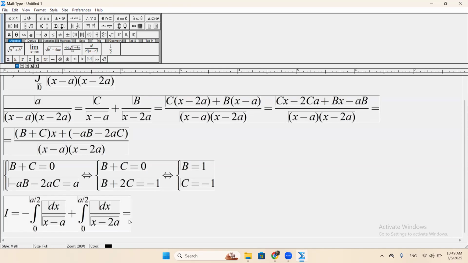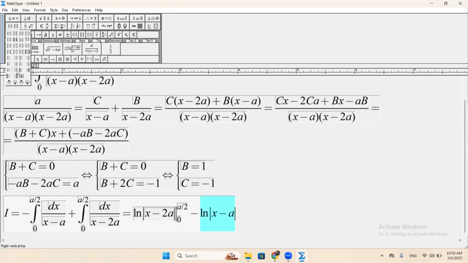So logarithm of the modulus of x minus 2a from 0 to a over 2, minus logarithm of the modulus of x minus a, from 0 to a over 2.